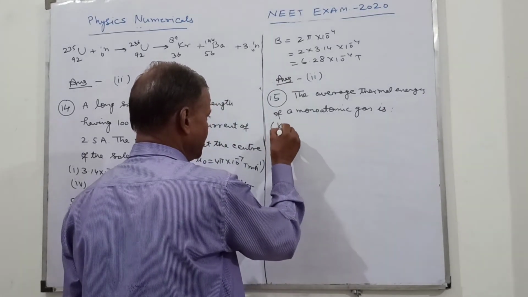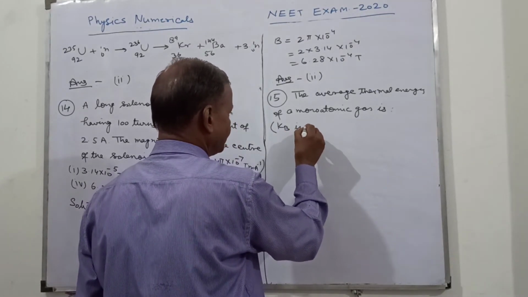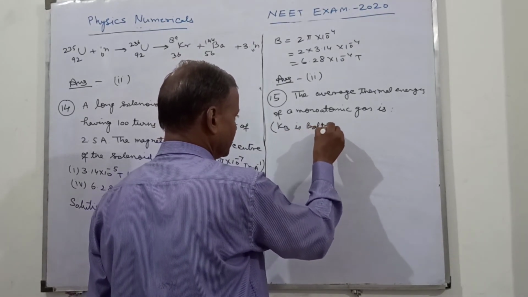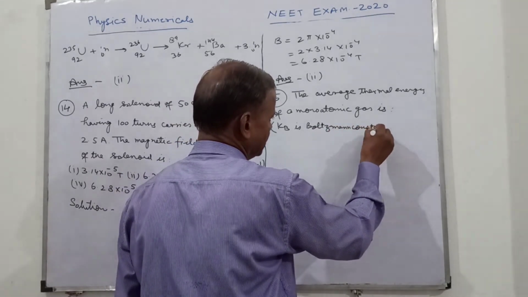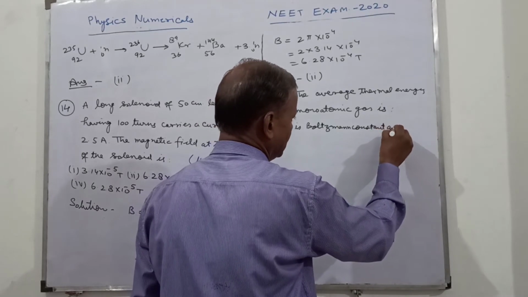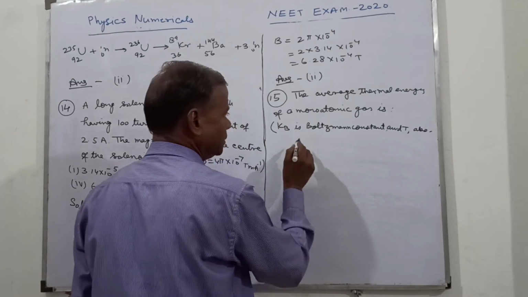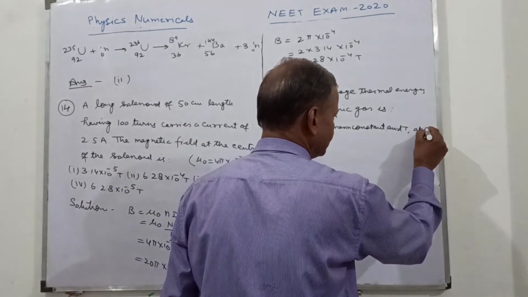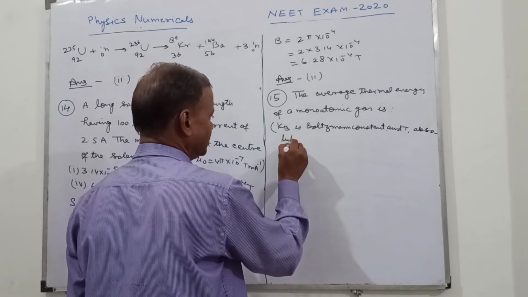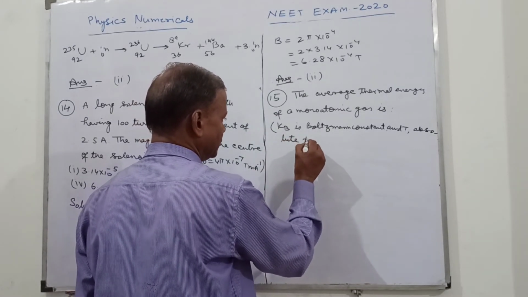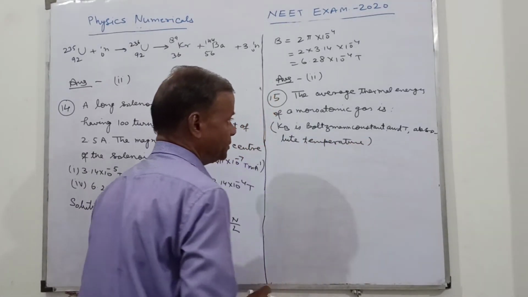You are given this k_B is Boltzmann constant and T is absolute temperature. This is given to you.